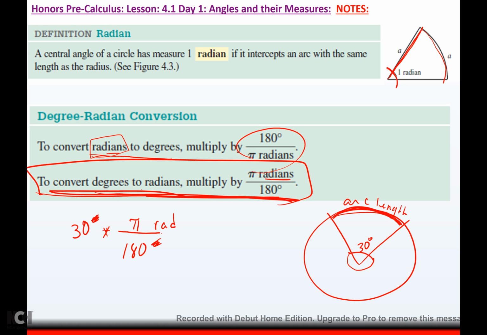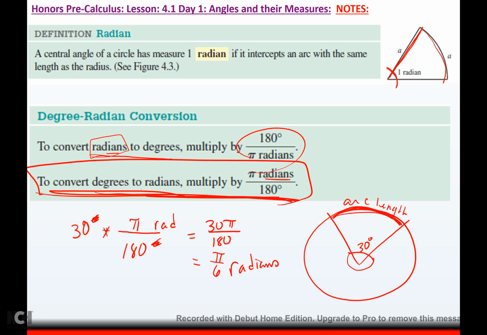Degrees would cancel, and I'd end up with 30 pi over 180, and that would be 1 over 6, pi over 6. So it would be pi over 6 radians.